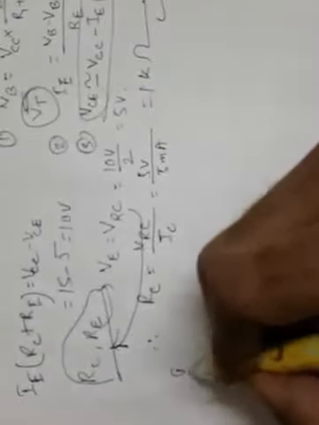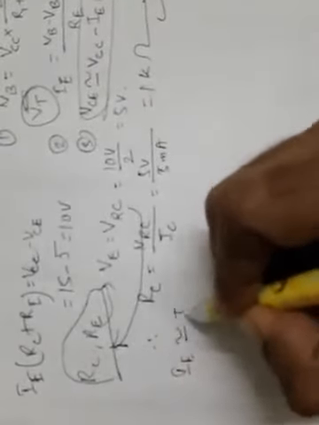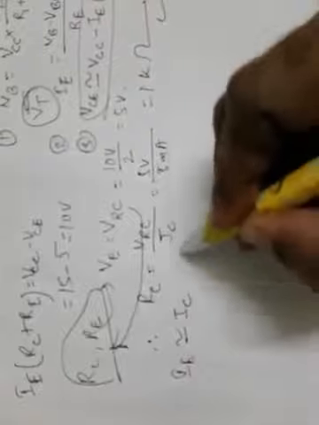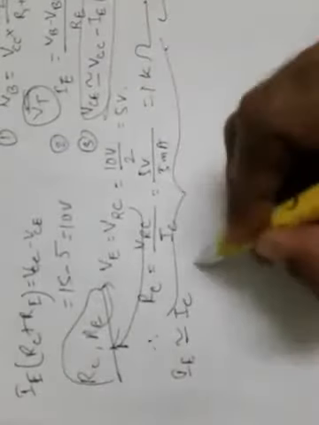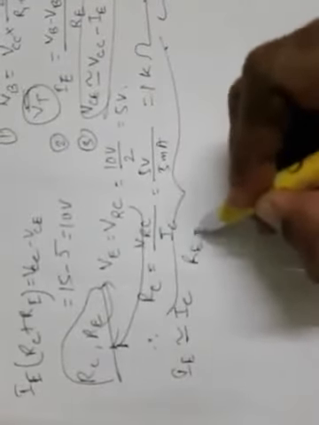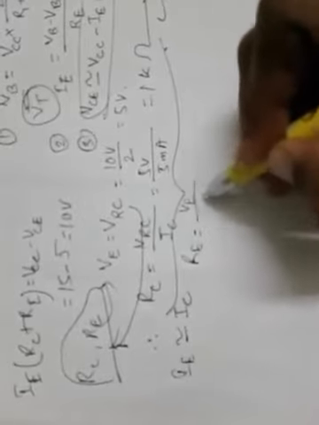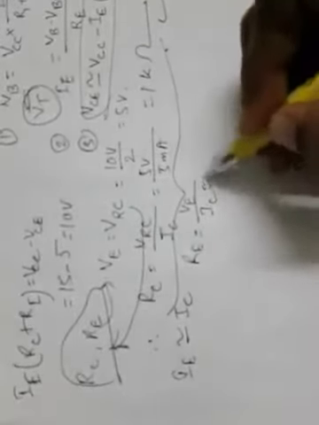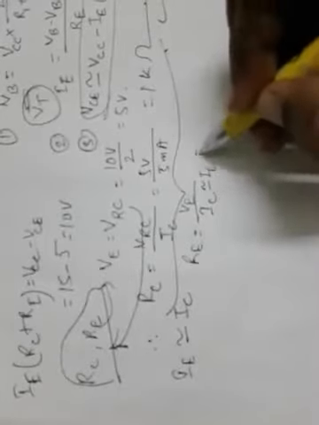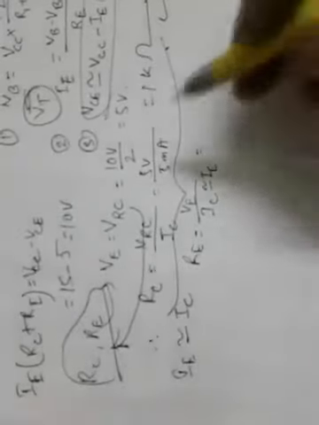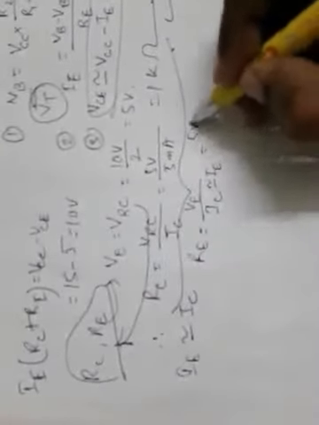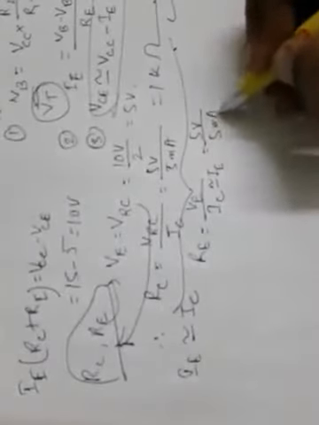Now, because IE can be approximately called equal to IC, from this we can get RE equal to VE by IC, and IC is given in the problem as 5 milliampere. So 5 volt divided by 5 milliampere should also be 1 kilo ohm.